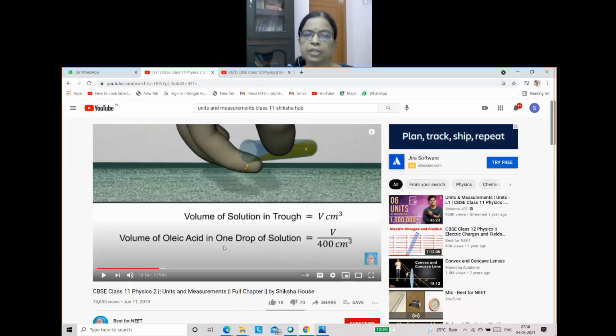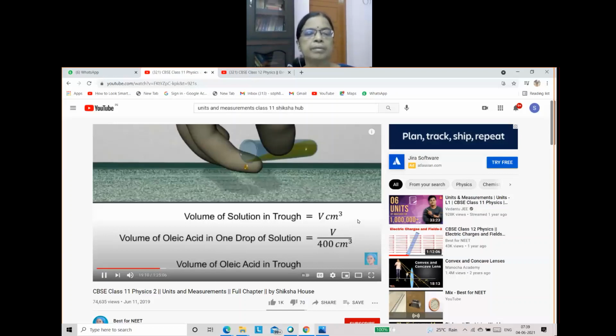If there are n drops, we can write n into V by 400. Since only one drop of solution is put in the water, the volume of oleic acid in the thin film is equal to the volume of the drop, that is V by 400 centimeter cube.